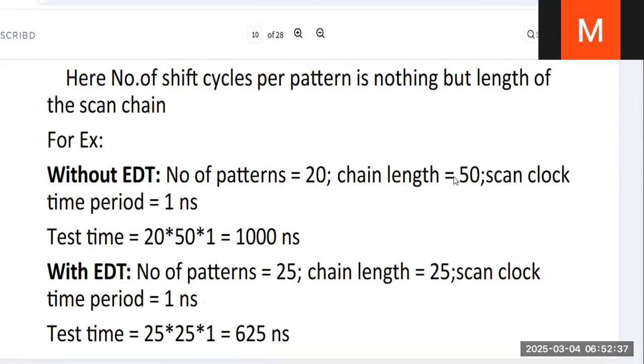Here the external scan chain length is 50 and the internal scan chain length is 25. The test time is the number of patterns times the number of shift cycles per pattern, 25, times the scan clock time period, 1. That is almost 625 nanoseconds. Almost half of the time is reduced if you go with EDT logic.